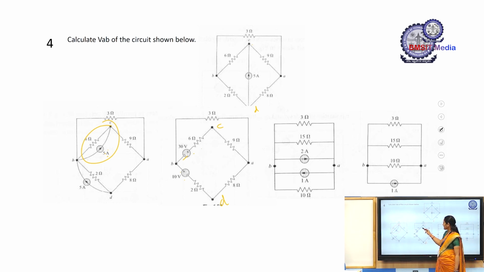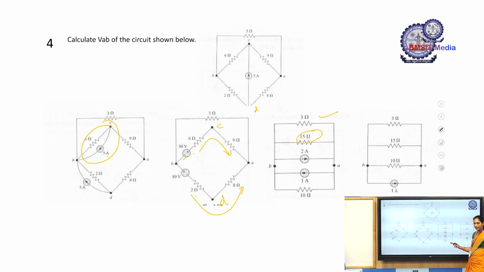Since this is in series, 6 ohms and 9 ohms will become 15 ohms here, which is also connected in parallel with the 3 ohms. Again this is also in series, 2 ohms and 8 ohms will become 10 ohms.